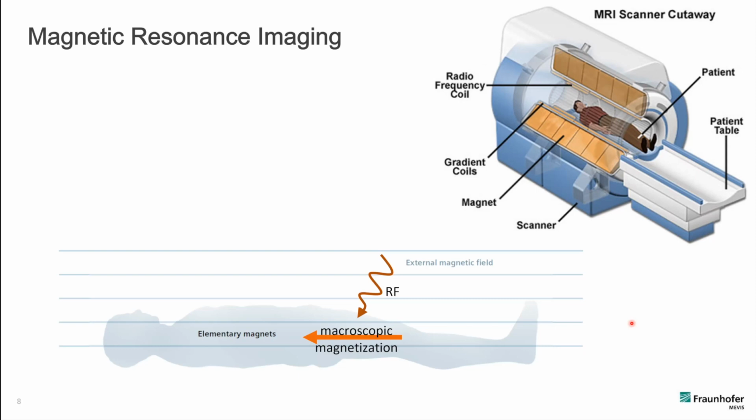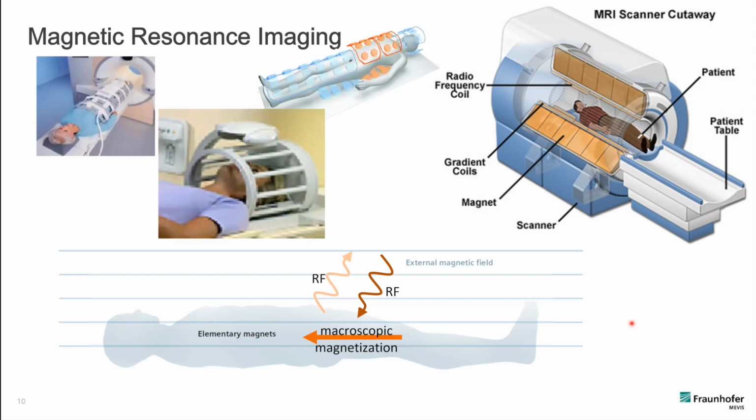With this radio frequency, we can stimulate our magnetization to get a synchronized dance, and we will get an echo signal out, which we can receive by dedicated receive coils.